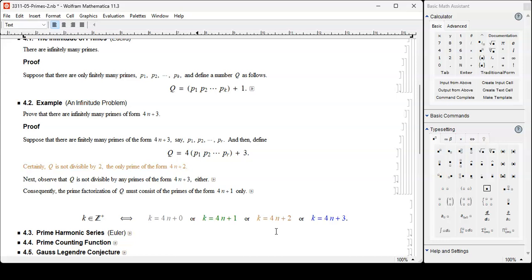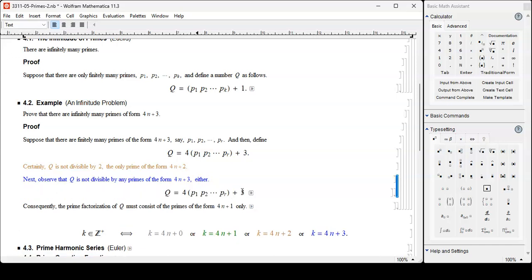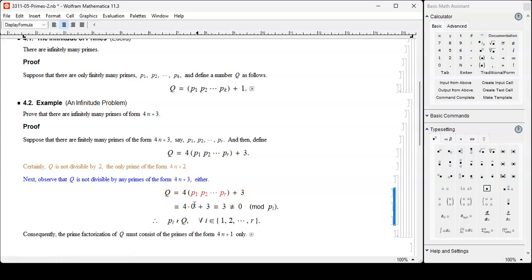Next, let's go blue. Q is not divisible by any primes of the form 4n plus 3 either. And that's the same as the previous problem. Yeah, we have product plus 3, and this product is congruent to 0 modulo any pi. Remember? That thing is congruent to 0.